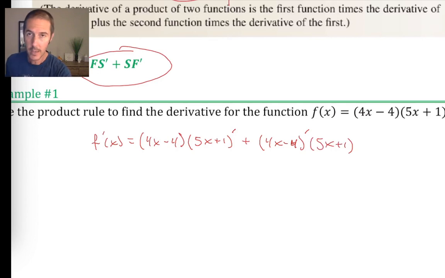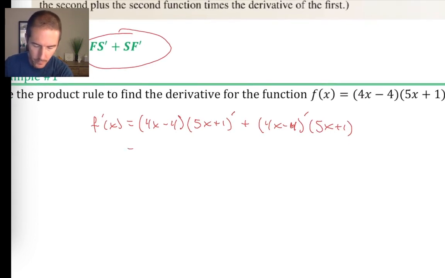Now let's go in and actually take some derivatives. The 4x minus 4 is staying the same. We're taking the derivative of our second factor. The derivative of 5x is just 5. It's a line. 5x is a line with a slope of 5, so its rate of change, its first derivative, is 5 all the way along.